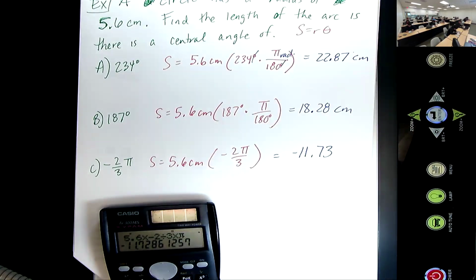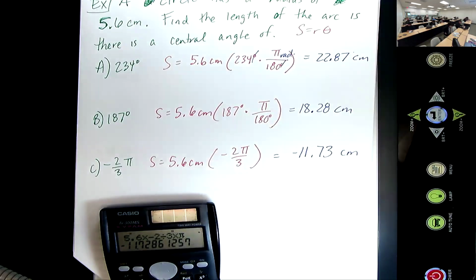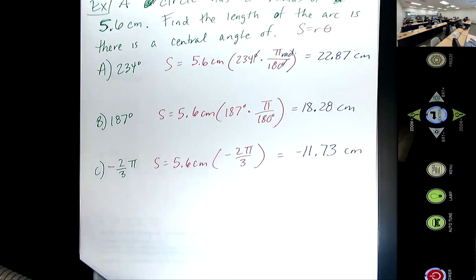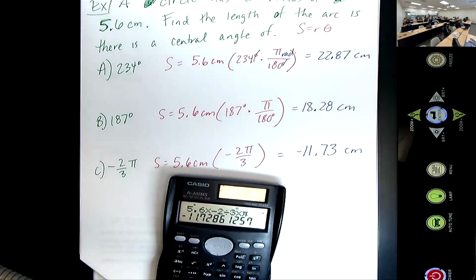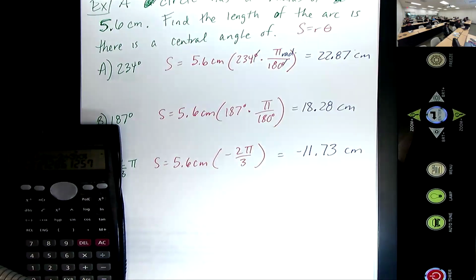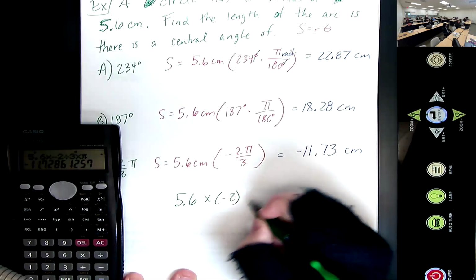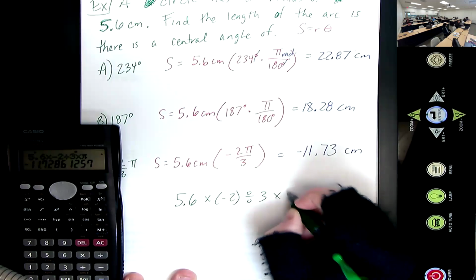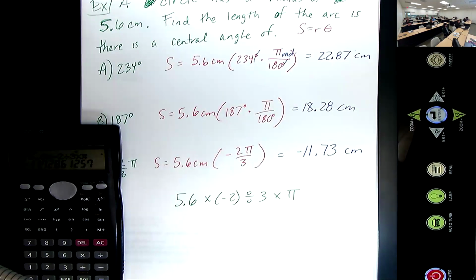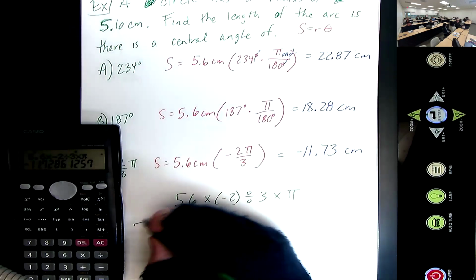Anyone else get this on their calculator? Are you guys good with that answer? Wondering why. I do. So if you do, this is a great thing, because Gerard has asked this. On the weekends, I did in my calculator 5.6 times -2 divided by 3 times pi. This is the correct thing to do, if pi is in the denominator. If pi is on bottom.